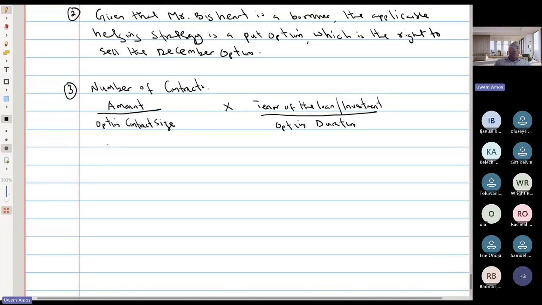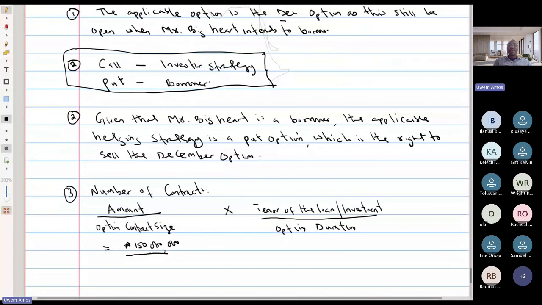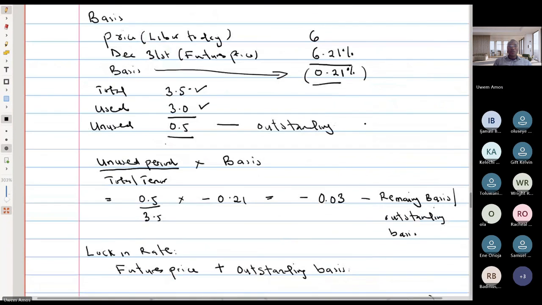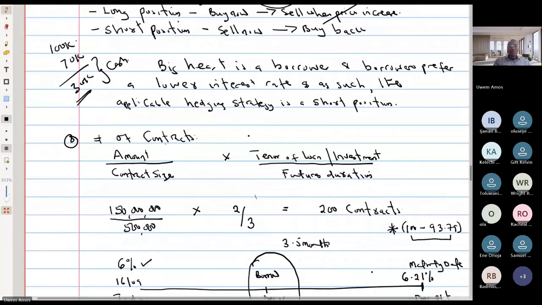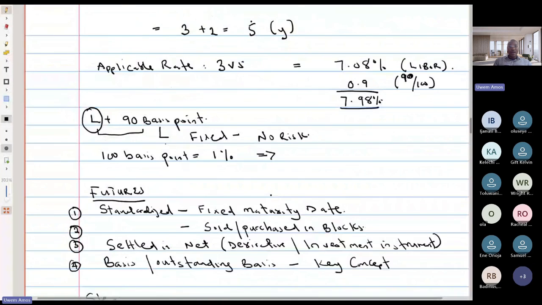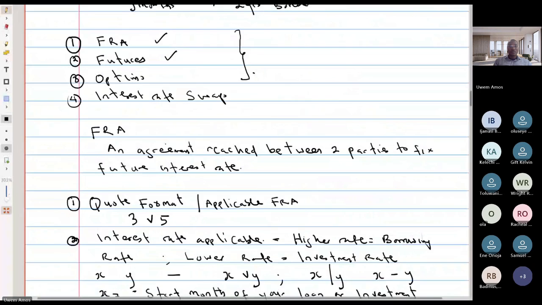Okay, so from our question, we've established that Mr. Bighart needs 150 million. So there's no need to start looking for that in the question. Let's look at what the contract size is and how long he needs that money. Okay, so we're going right back to our question.